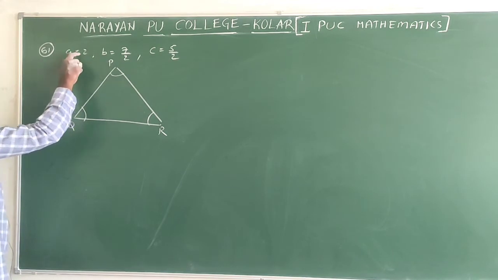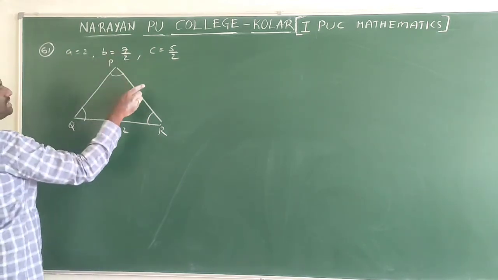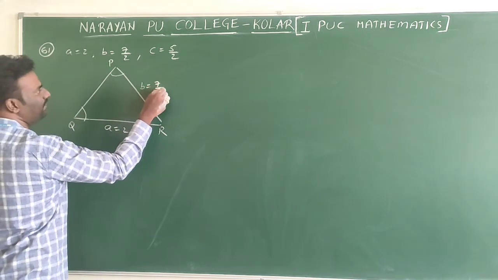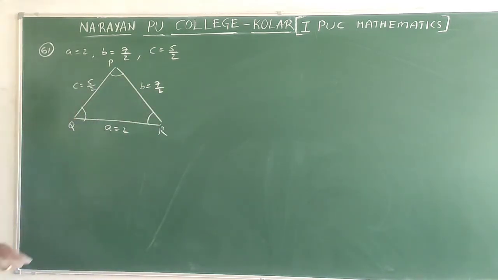Opposite to angle P is side A, opposite to angle Q is B, opposite to angle R is C.